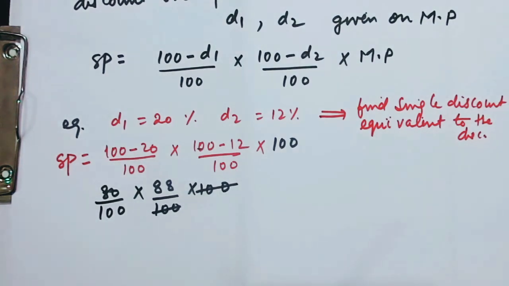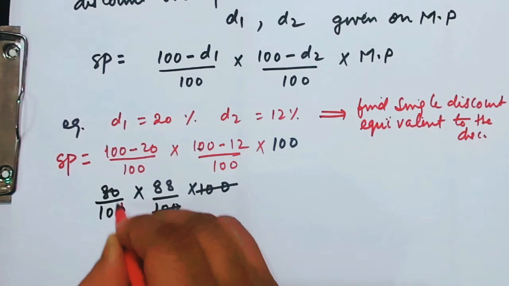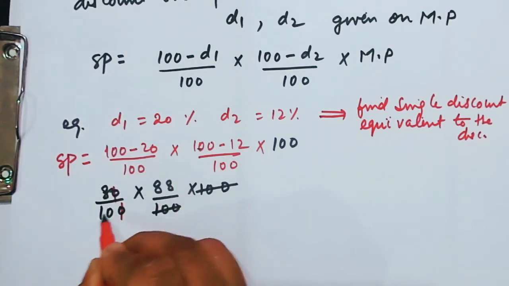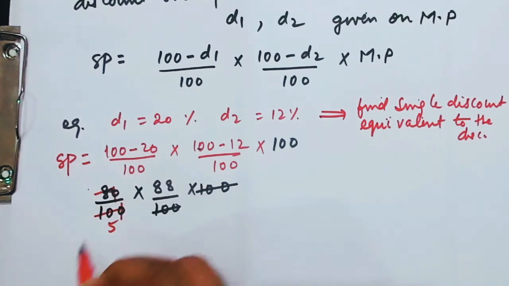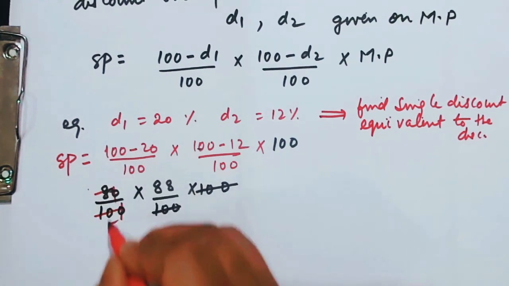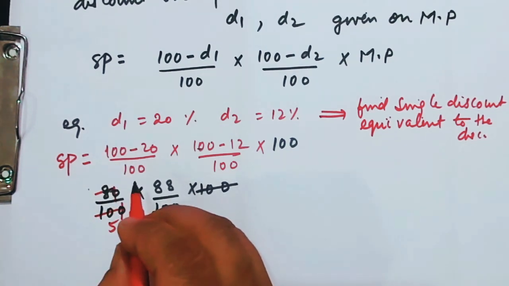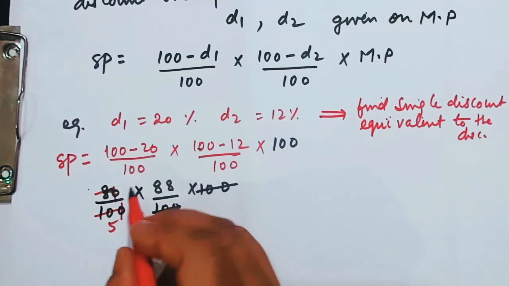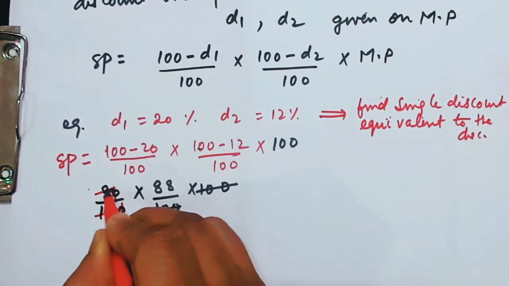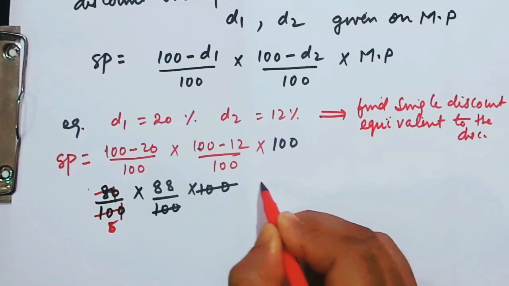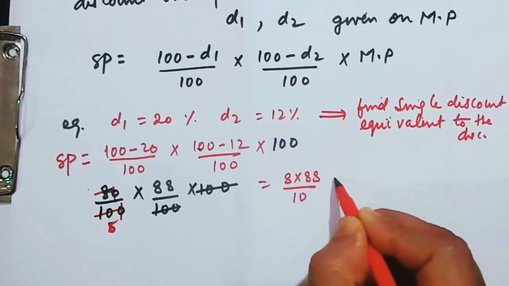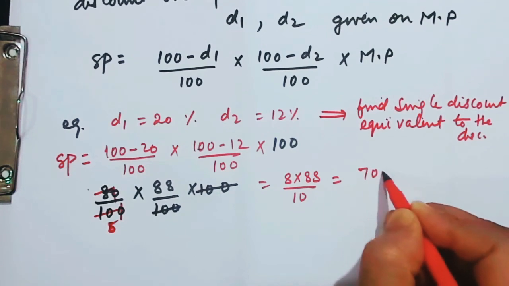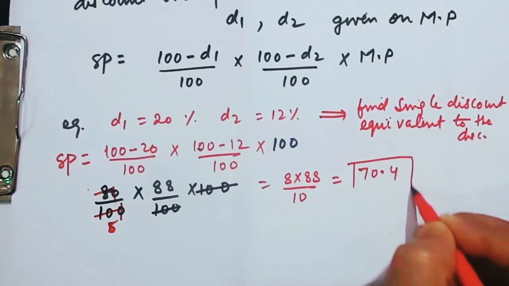Beautifully, you can say. I am not going to cancel further, so 8 by 10 is there, you leave it as it is. Multiply 8 into 88 and divide by 10 directly. You will get 70.4.